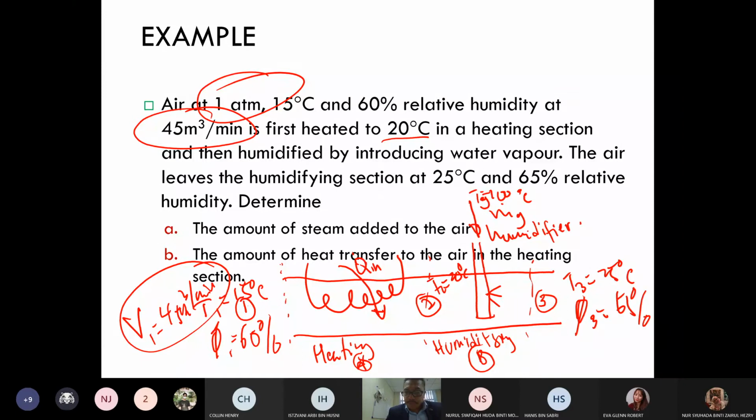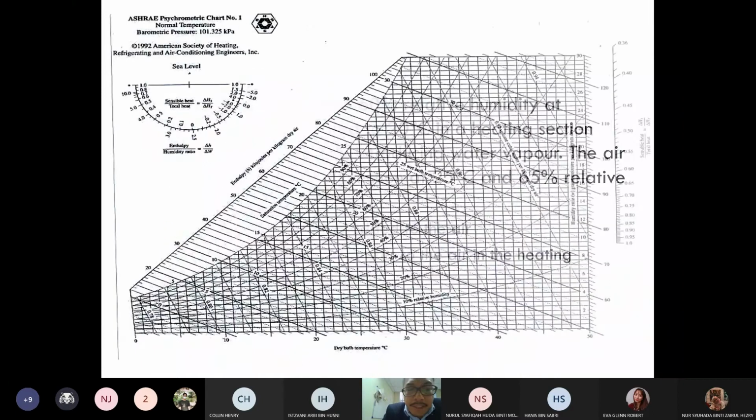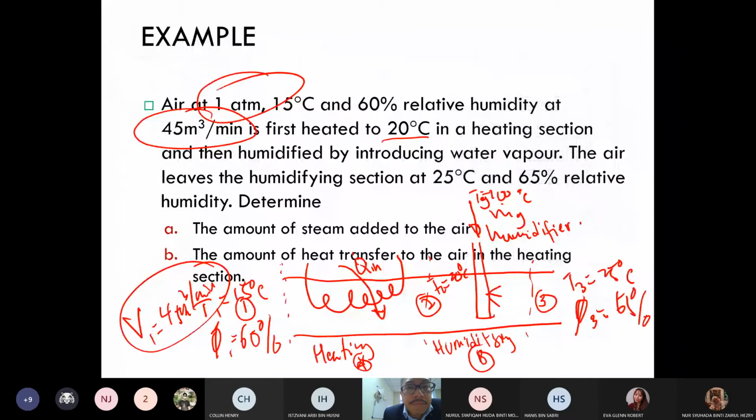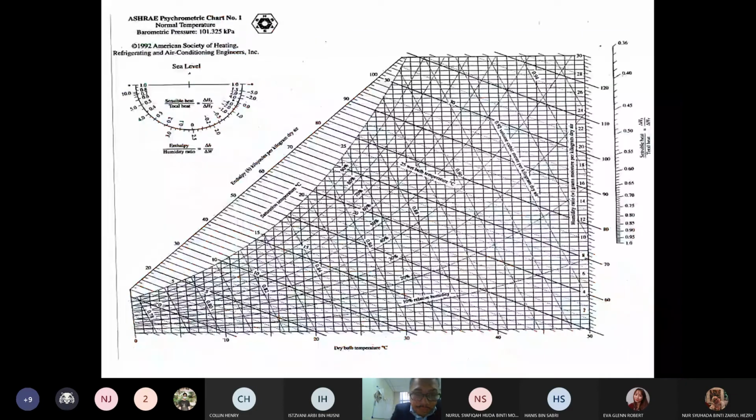Then let's look at the psychrometric chart. Earlier it said that in that section, T1 is 15 degrees Celsius and relative humidity 60%. So this is T1. From this T1, you can read the dry bulb temperature, and then you project across to read omega 1.